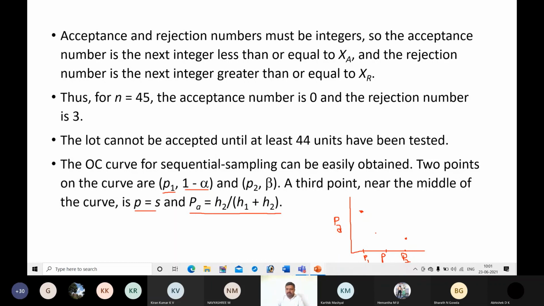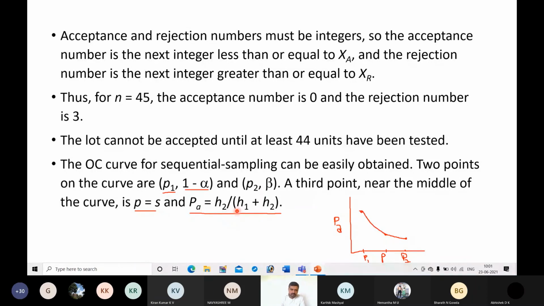Next, connect these three points with a curve, and that will be the OC curve. This is the procedure to draw the OC curve in case of sequential sampling. You can draw the operating characteristic curve if you know the values of P1, P2, and also 1 minus alpha, beta, and the PA value, which depends on H2, H1.